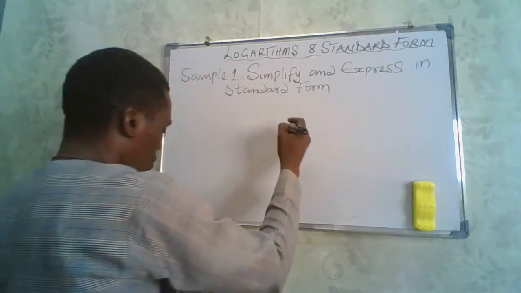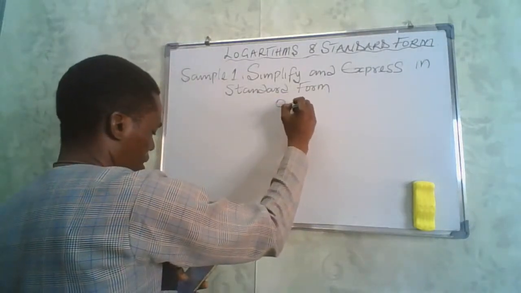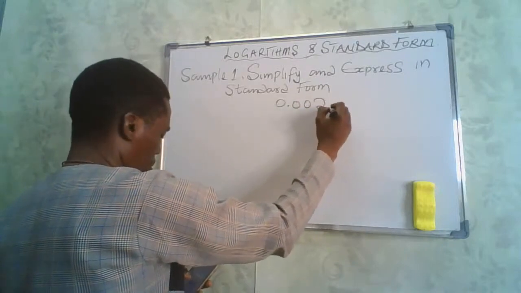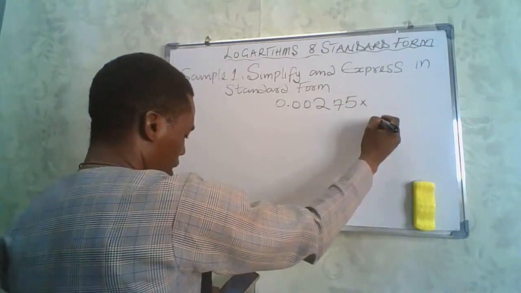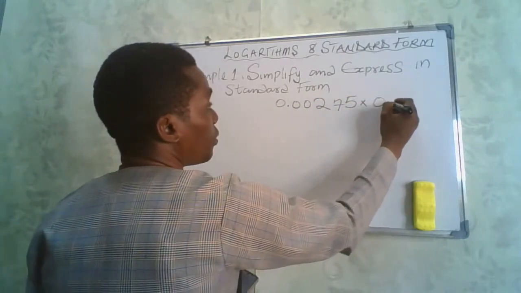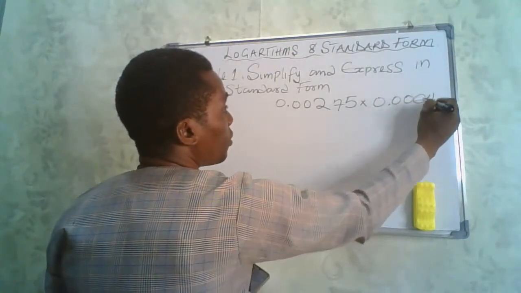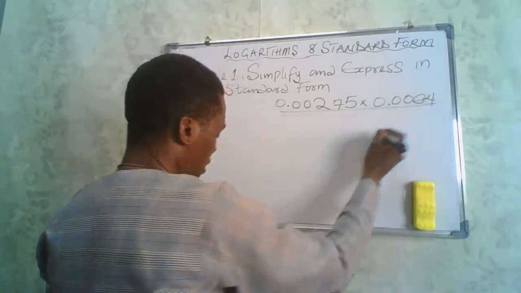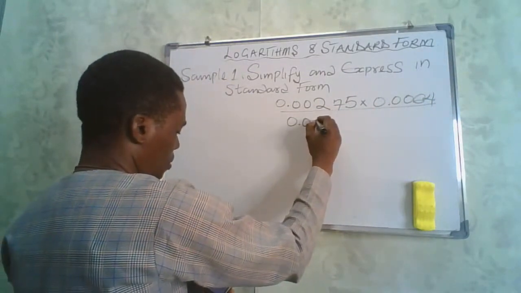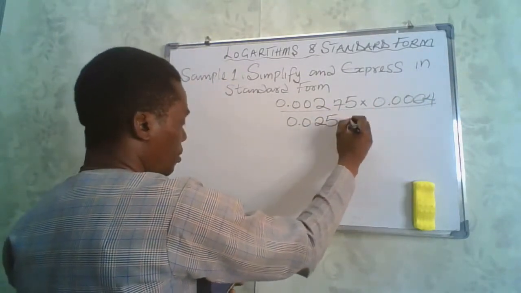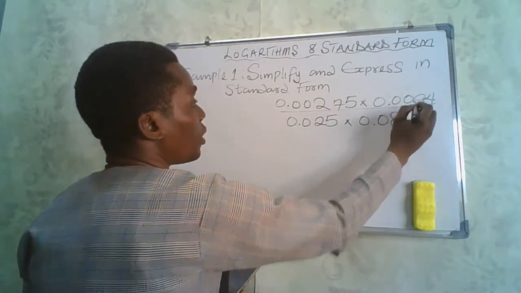And what are the values? We are given 0.00275 multiplied by 0.0064 divided by 0.025 multiplied by 0.0.